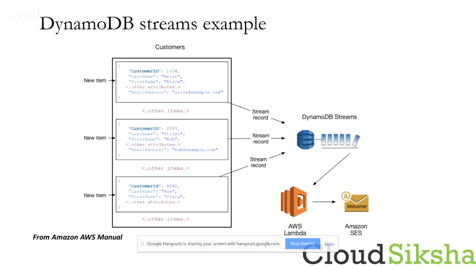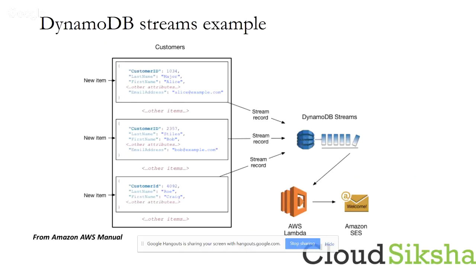The moment you put that item into the table, DynamoDB generates that stream record and invokes this Lambda function. The Lambda function will take that person's email ID and will interact with something like Amazon Simple Email Service and send out a welcome mail automatically. So the person will receive a welcome mail saying, thanks for signing up for us.